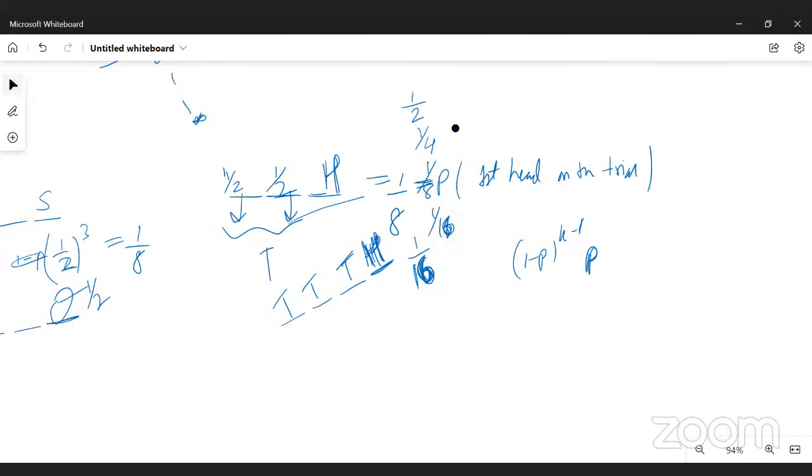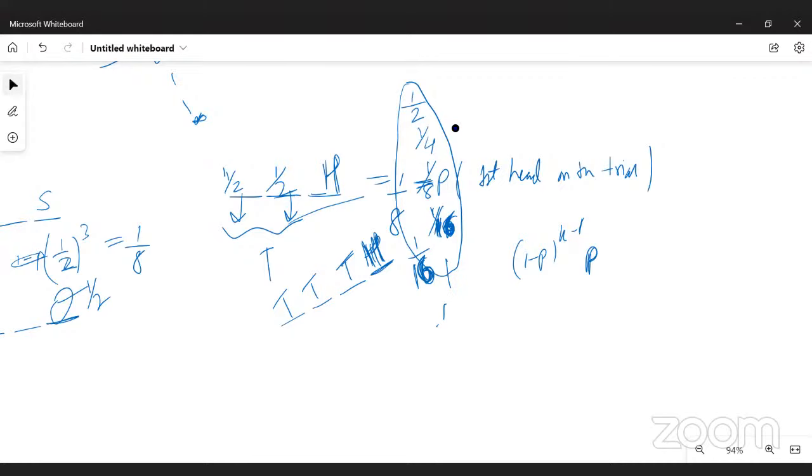So probabilities are decreasing, like chances are reducing, right?